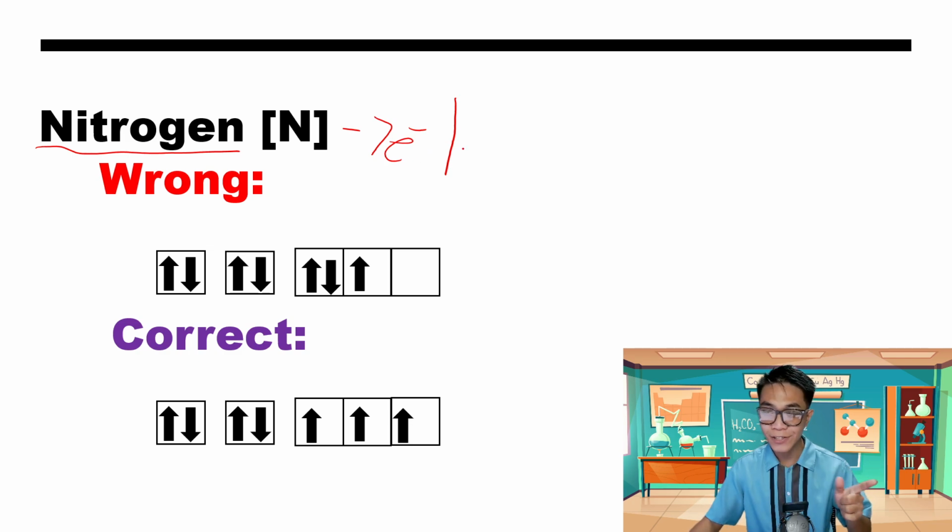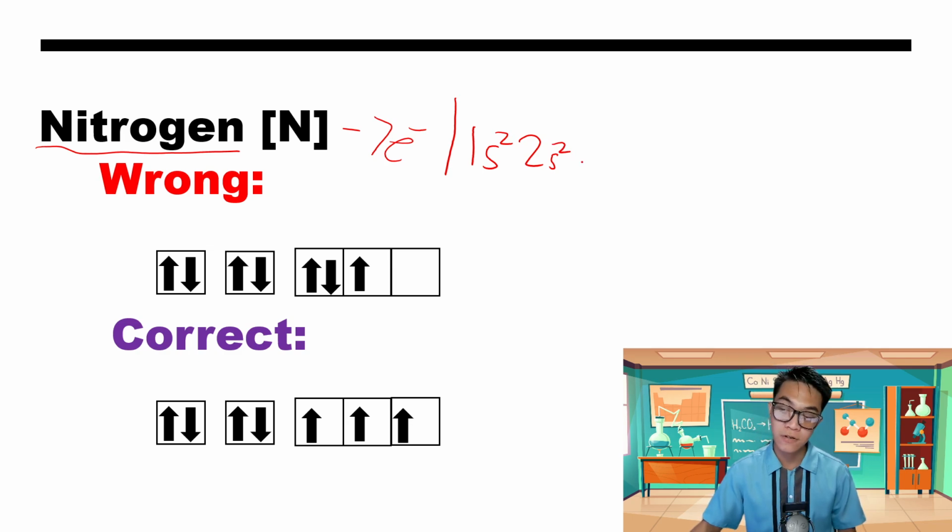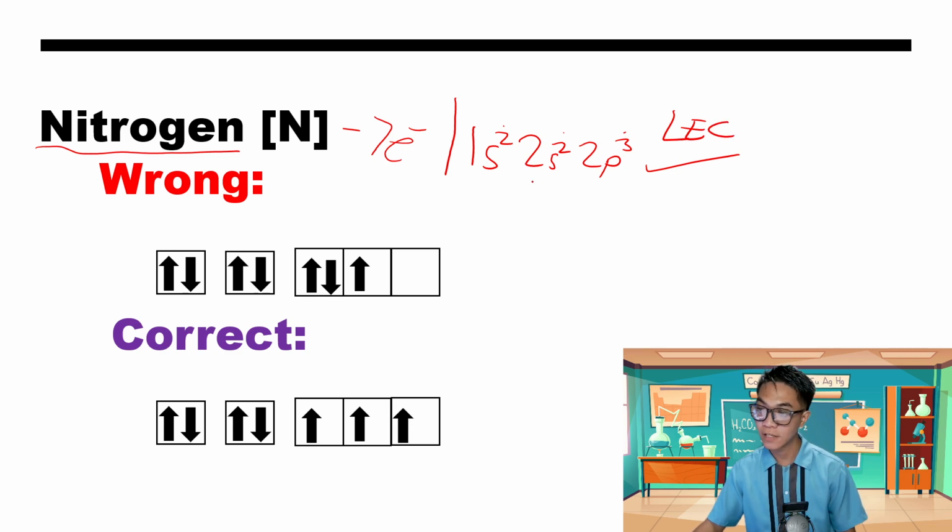Since nitrogen has 7 electrons, we will start with 1s2, so that's 2 electrons, followed by 2s2, so that's 4 electrons. So we have 3 more remaining electrons, and that would be 2p3, correct. So this is a total of 2, 4, and 7 electrons. This is our correct linear electron configuration.